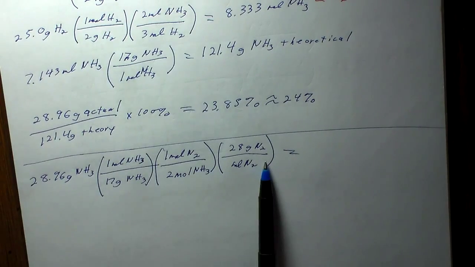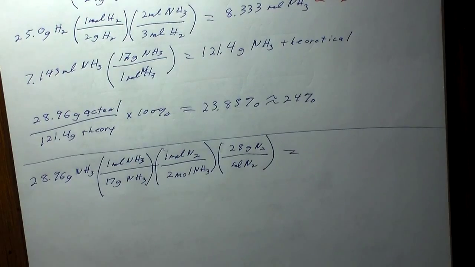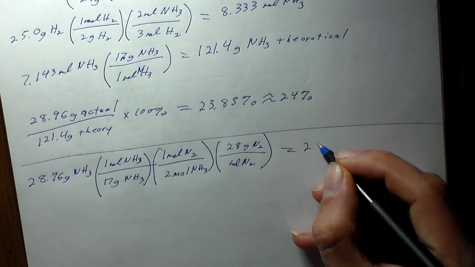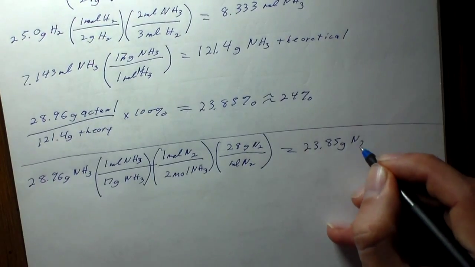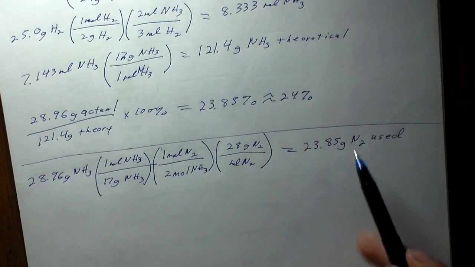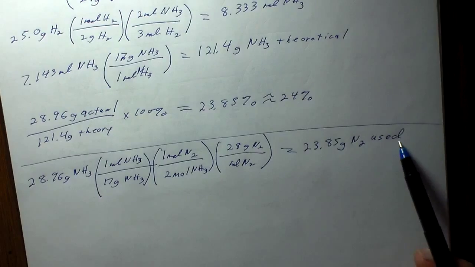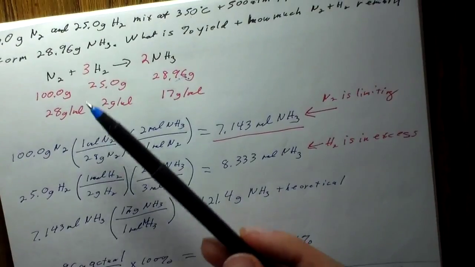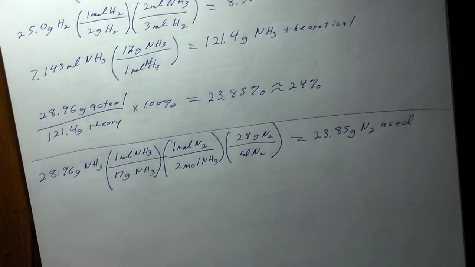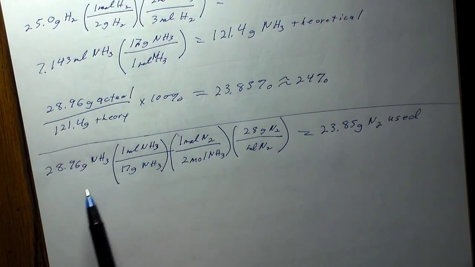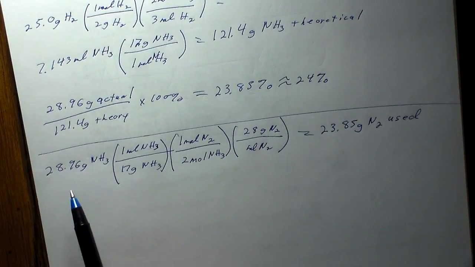So we run through these numbers, we do our calculation, and we get here 23.85 grams of nitrogen used. And sometimes it's just important to put here "nitrogen used", so this way, nitrogen used, nitrogen started with, you keep track of these things in your head. All right. And then the second thing we're going to do is figure out how much hydrogen was actually used here.